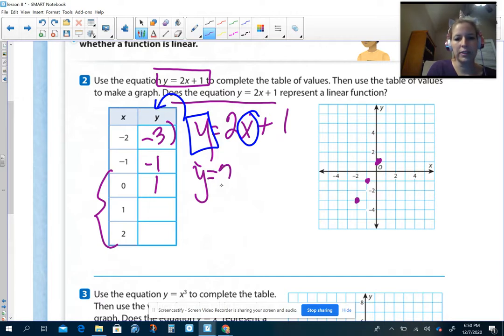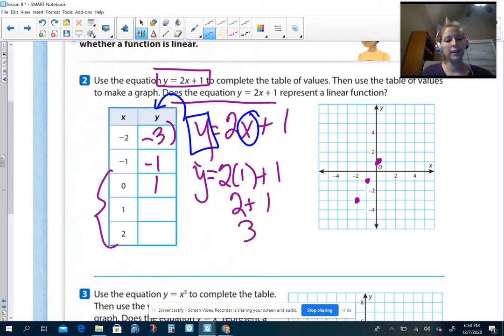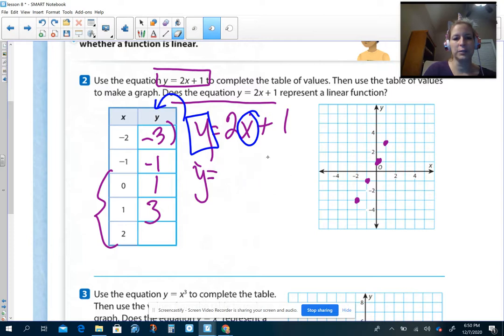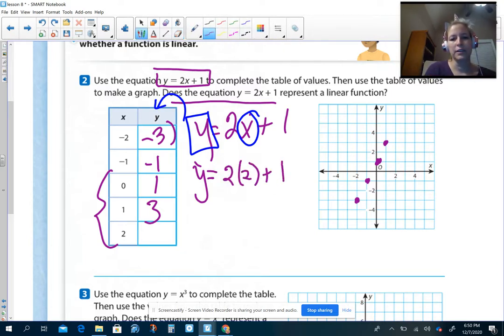Okay, I'm going to plug in the 1. So 2 times 1 is 2, plus 1 is 3. So 1, and then up 3, it's right there. And finally, let's do the last one. 2 times 2 plus 1, 4 plus 1 is 5. How did you do? Did you do good?